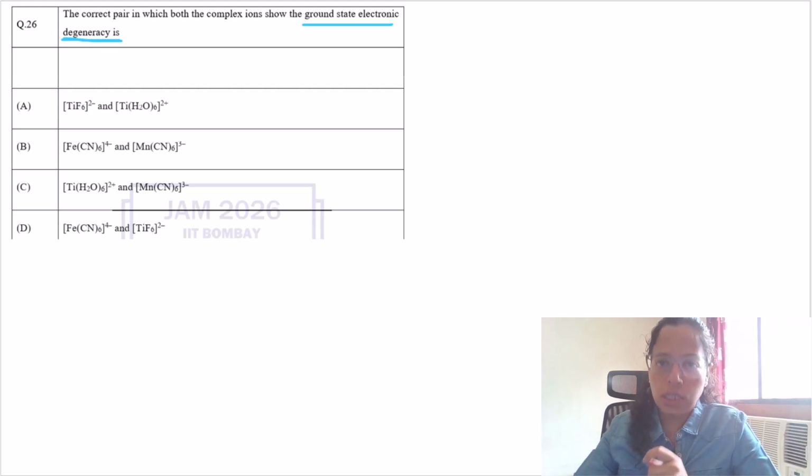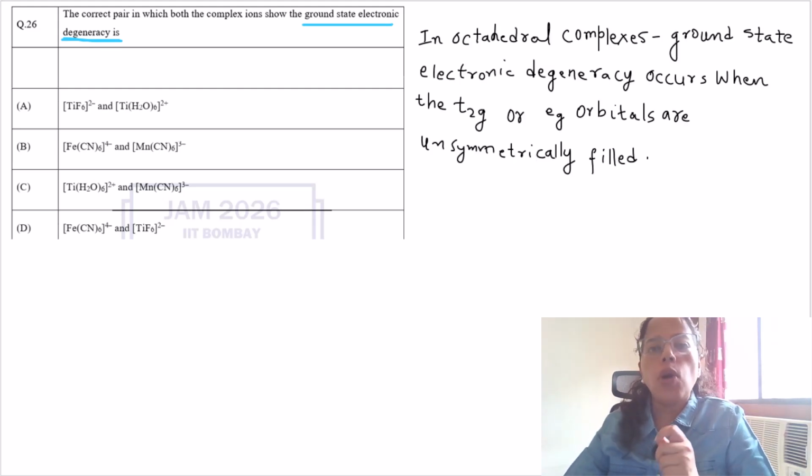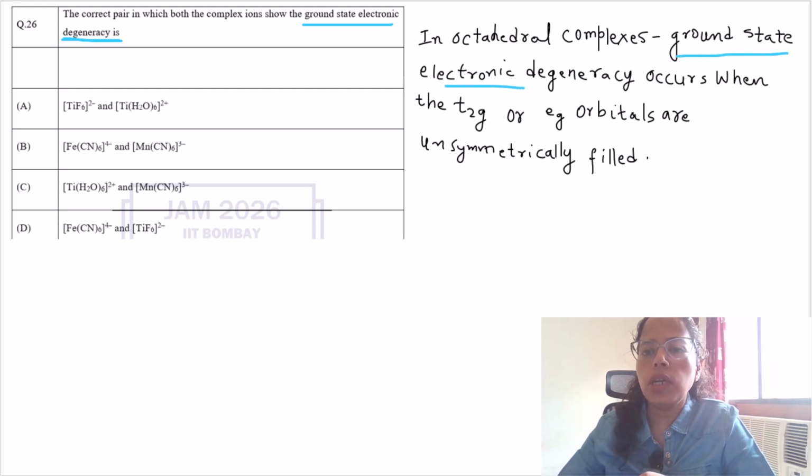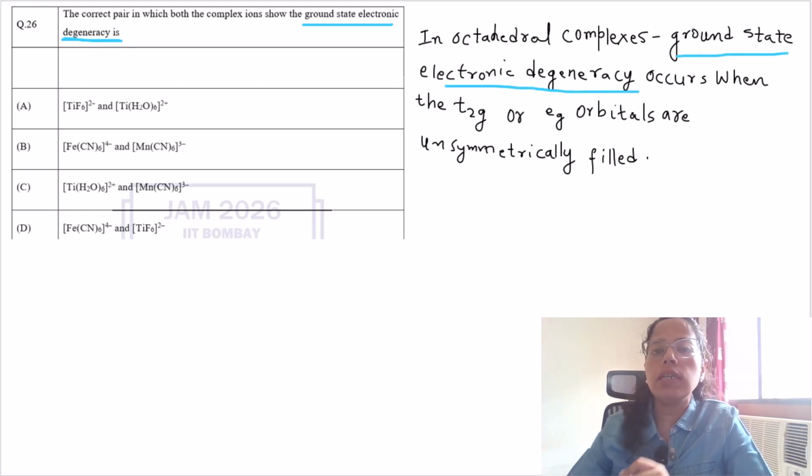In octahedral complexes, as you can see, the central metal atom is coordinated to 6 ligands in each case, so the coordination number is 6. All are octahedral complexes. So what is the meaning of ground state electronic degeneracy in octahedral complexes?